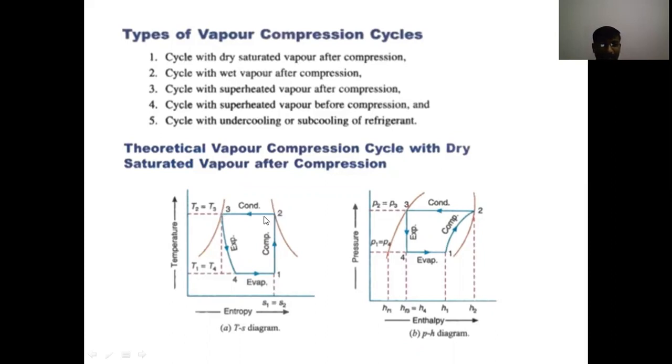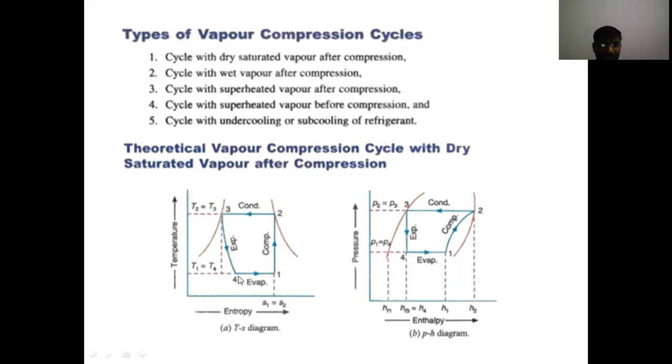In the condenser, the dry saturated vapor is converted into dry saturated liquid by rejecting latent heat. By rejecting the latent heat, condition 2 changes to condition 3. It occurs at constant temperature, T2 equal to T3.